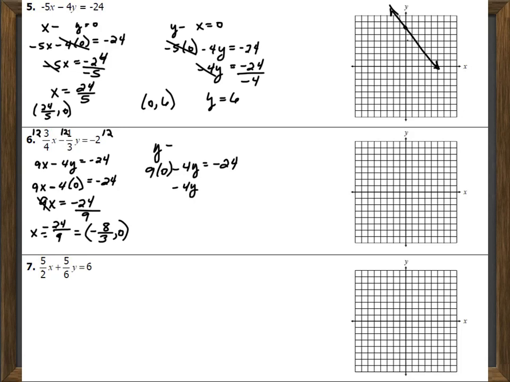Or negative 4y equals negative 24, which is again positive 6, which is 0, 6 is a point. Okay? So negative 8/3 is negative 2 2/3. So there's negative 2 2/3. And then I want to go up to 6. And then draw the line.